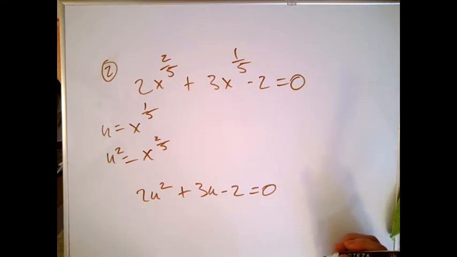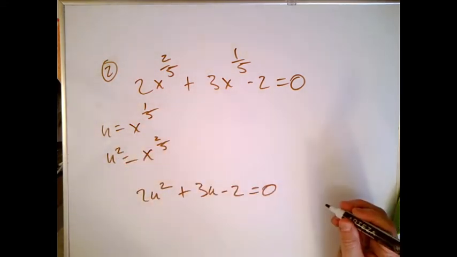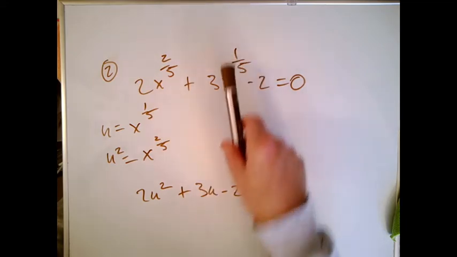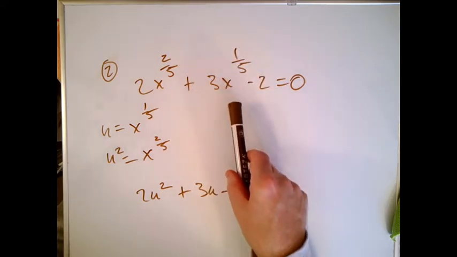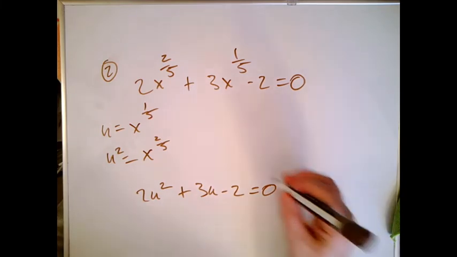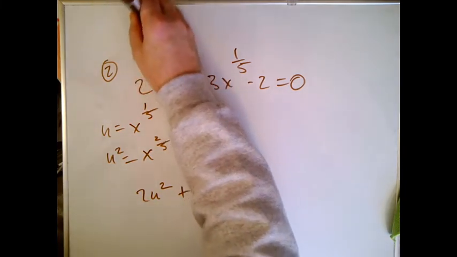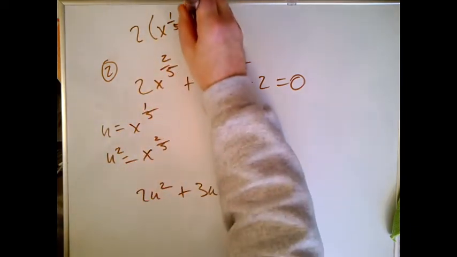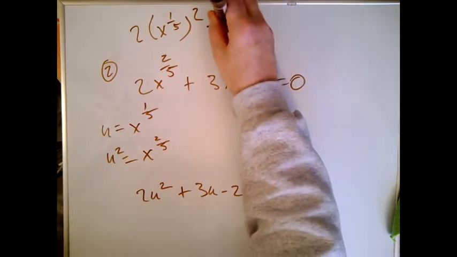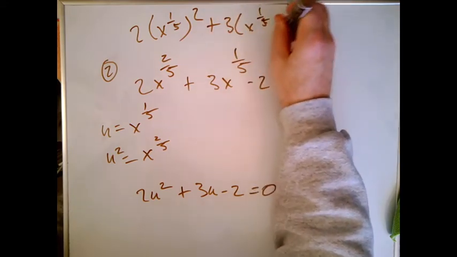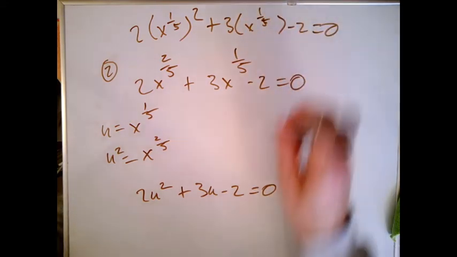But the hard part seems to be recognizing the original equation as an equation of quadratic type. You look at that middle term, and if that middle term variable squared is equal to the highest term variable, we could rewrite this as 2 times blob squared plus 3 times blob minus 2 equals 0.